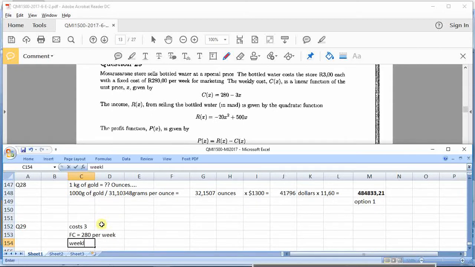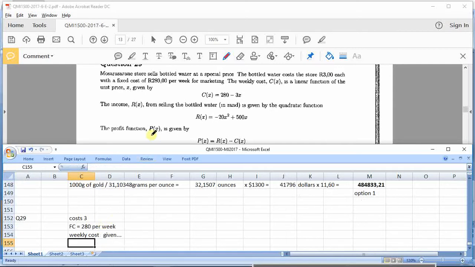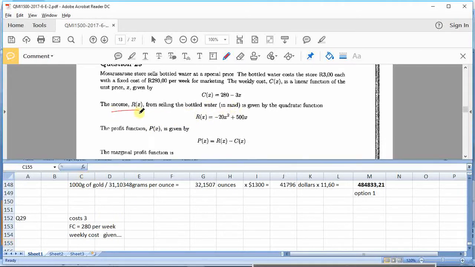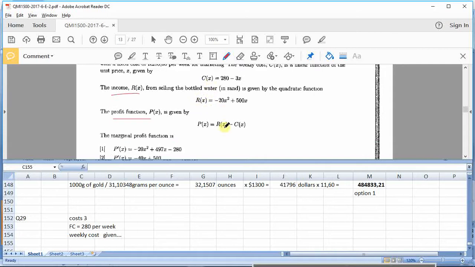The weekly cost is given by that function. They're giving it to you, so no need to do any workings if we've got the cost. Perfect. They even gave you the formula for income. They gave you the profit function, where P is profit, which is R(x) minus C(x), revenue minus cost.